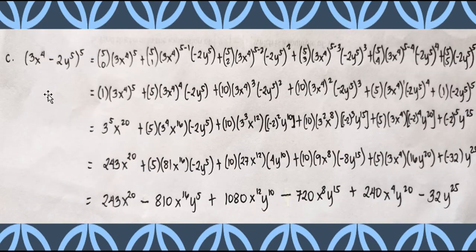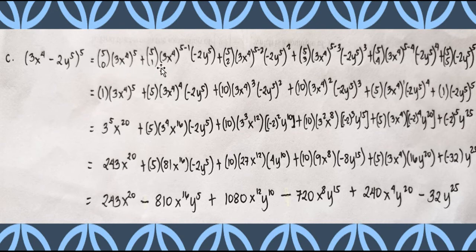Let's go back to C. Same ra gihapon ang ato ang pag-solve. We have here 5 taken 0 at a time. Diha, 1, 2, 3, 4, 5. And then, first, ang to the power of any first term.